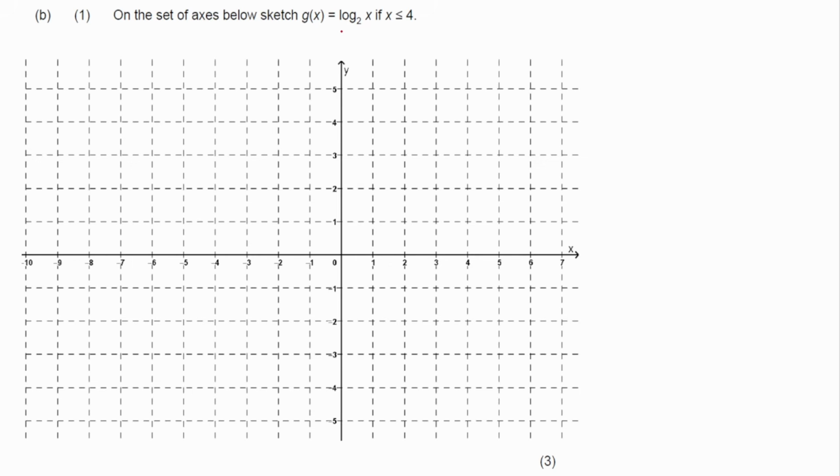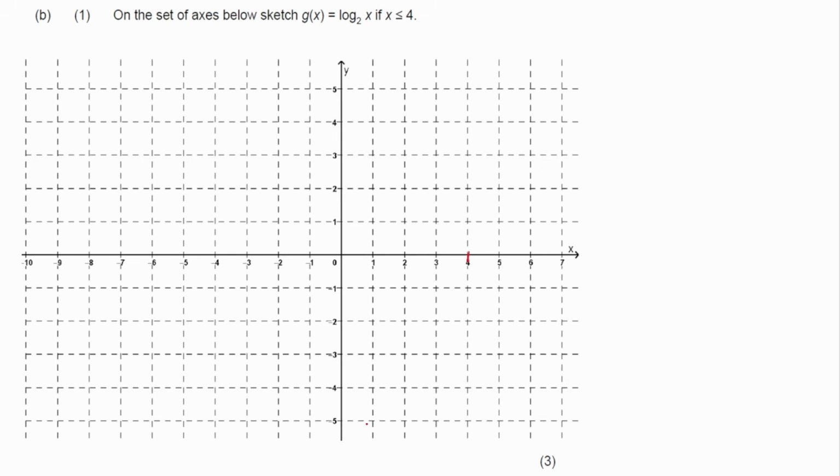So g of x is given by log base 2 of x if x is less than or equal to 4. So we can only plot from here and to the left because of our restriction. So to plot a graph like this, firstly we should remember what the general logarithmic graph looks like.